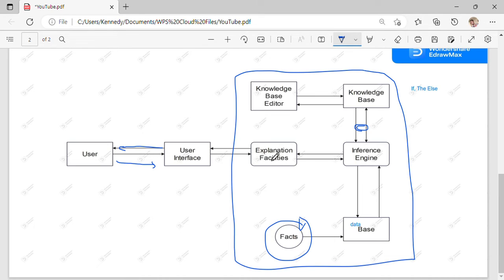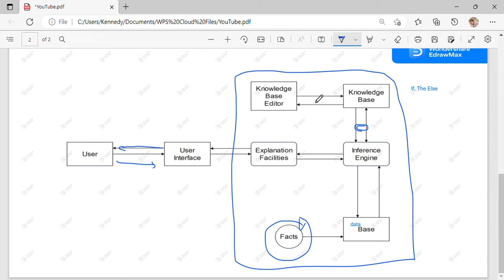Then what about the explanation modules? What it does is allow the program to explain its reasoning to the user, that is, how the expert system reached a particular conclusion, so that the user will eventually understand what exactly caused the reason to do that.